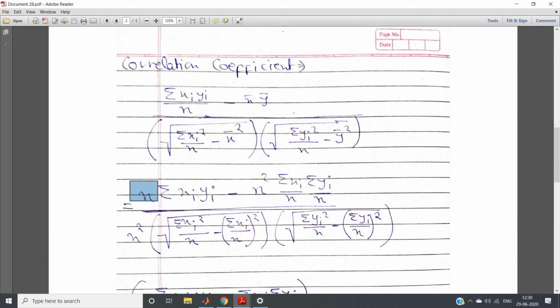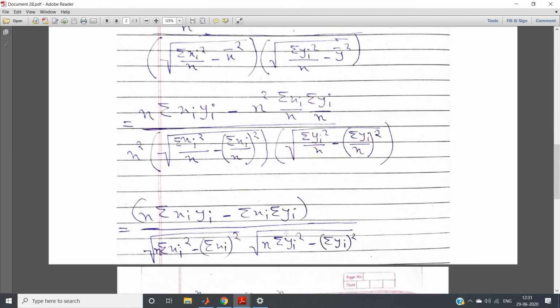So n summation over xi yi minus n square times x bar y bar, which can be written as summation over xi by n, summation over yi by n. And similarly multiply n square in the denominator also. I have written the same denominator, where instead of x bar square we can write summation over xi by n whole square. Similarly y bar square we can write summation over yi by n whole square, right?